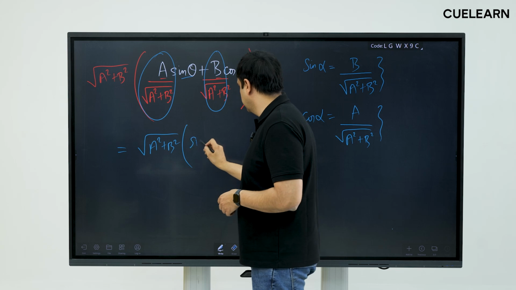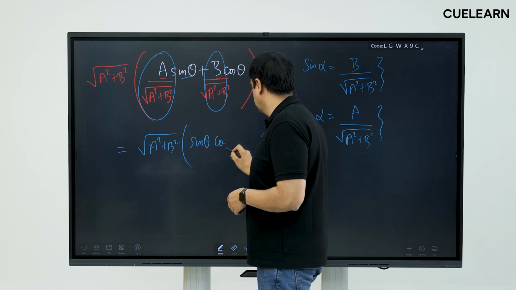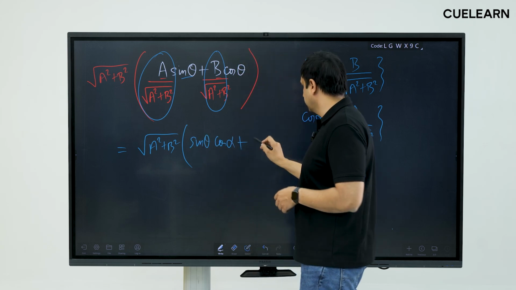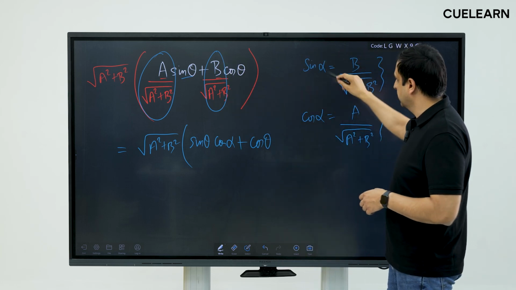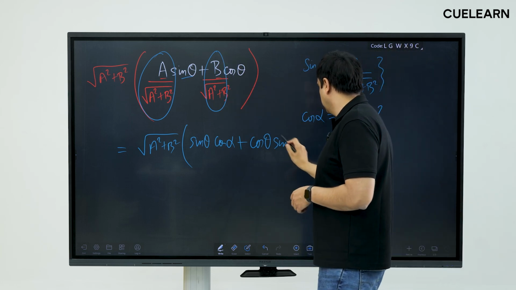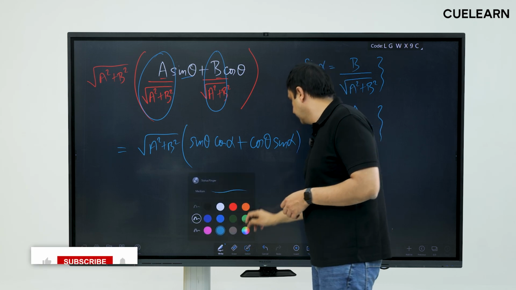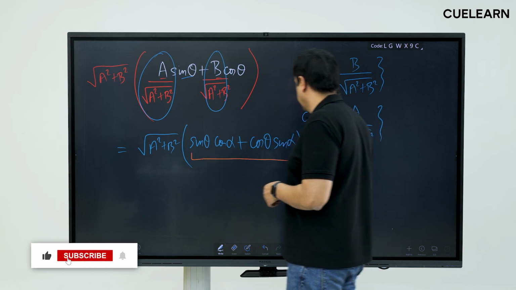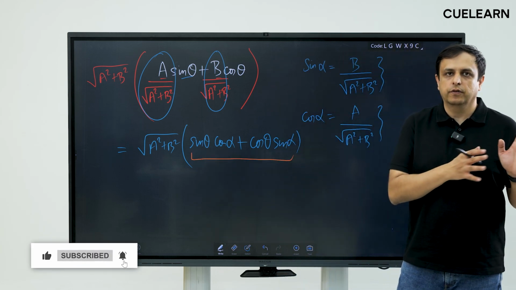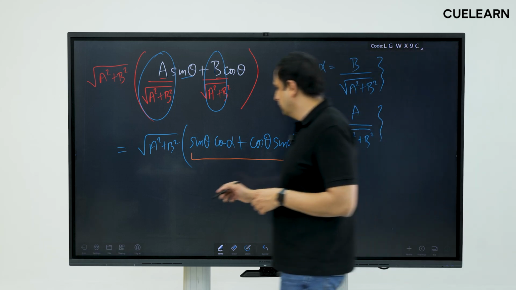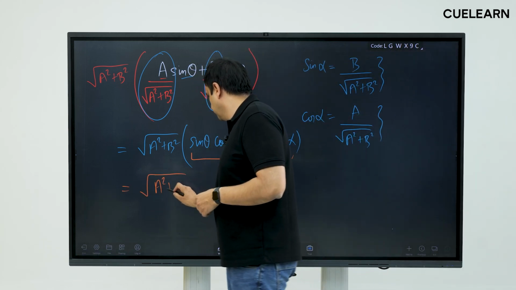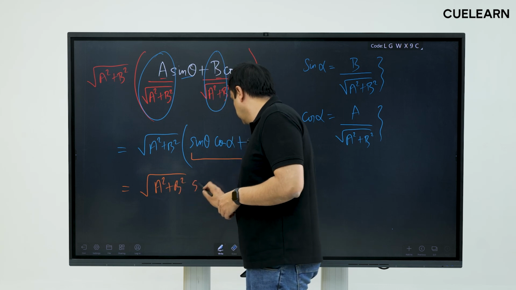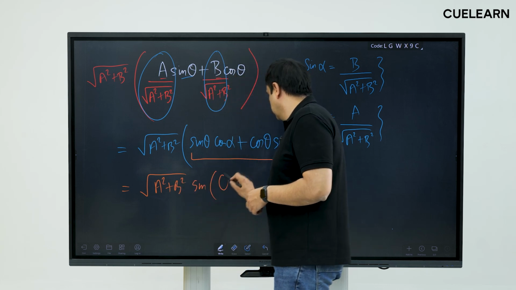So, sine theta cos alpha plus cos theta into this expression which is sine alpha. So, cos theta sine alpha, and now we can see that this is nothing but the expanded form of sine of theta plus alpha. So, what we get here is root a square plus b square times sine of theta plus alpha.